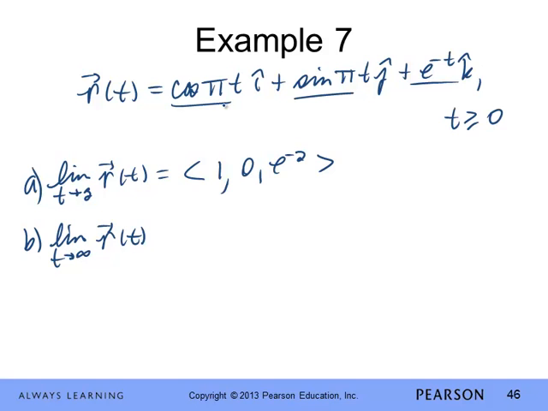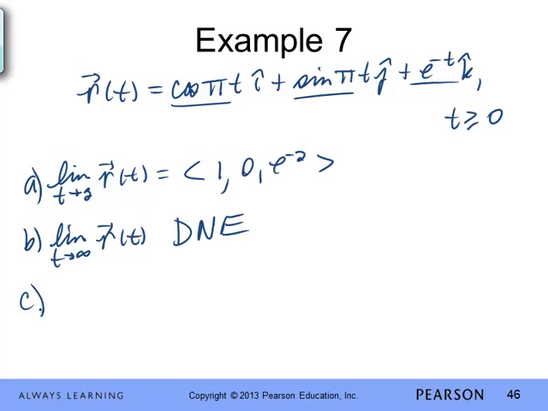So does the limit exist? No. Same thing for the sine function. Now for the exponential, that limit's going to be 0, right? But the overall limit does not exist because the x and y components will just go up and down, or they'll oscillate, right? Okay.